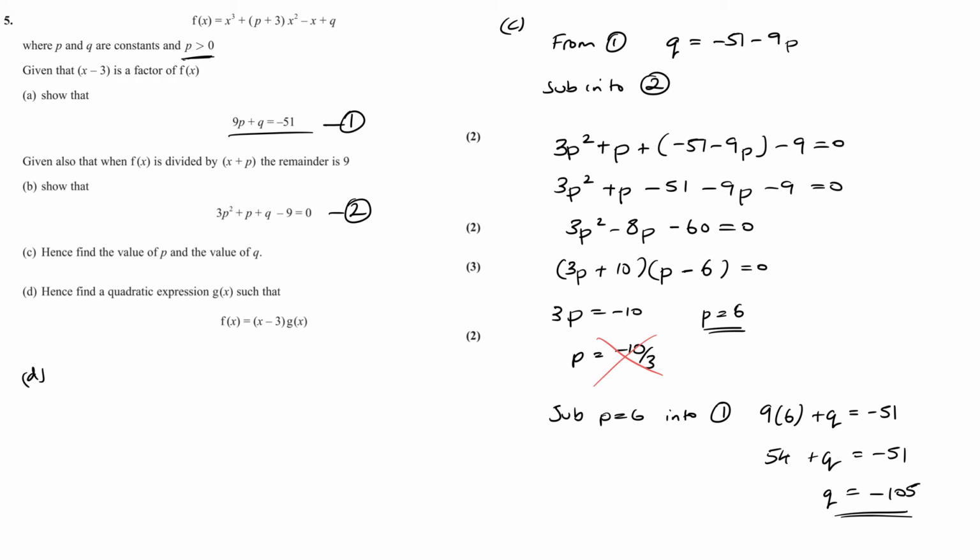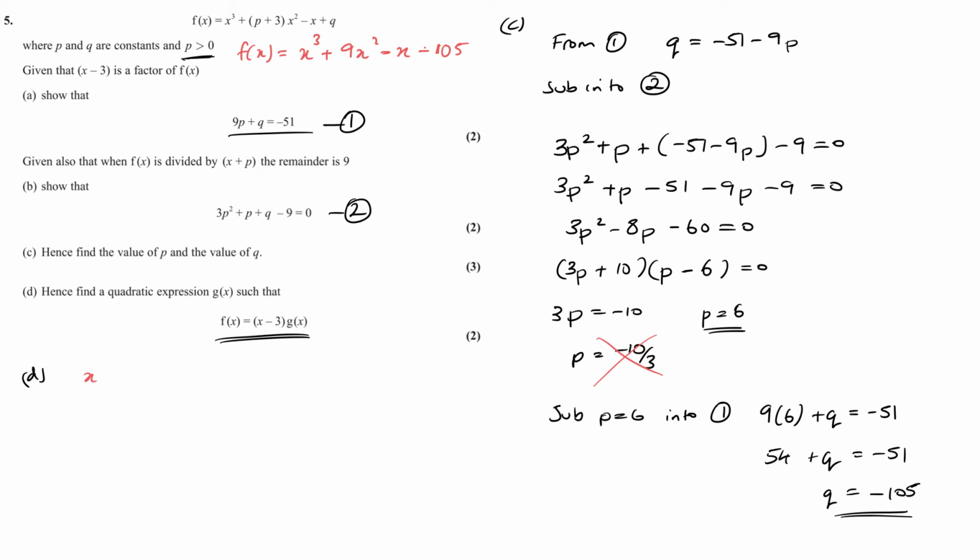Okay, part D. This is what we've got. The f of x now, if we put the values in at the top, I'll do this in red so they stand out. Our f of x now equals x cubed plus, now p is 6, isn't it, so 9x squared minus x minus 105. So that is my equation.